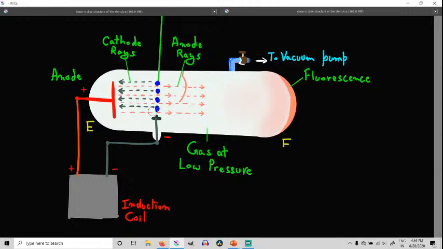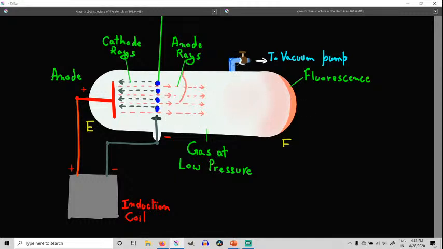Understood? So he took a perforated cathode, but this was not done in the case of J.J. Thomson, who took a normal one. Now he took a discharge tube with a perforated cathode, as you can see in this figure, and he took a gas inside it.